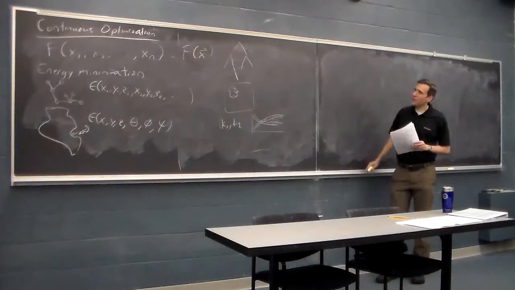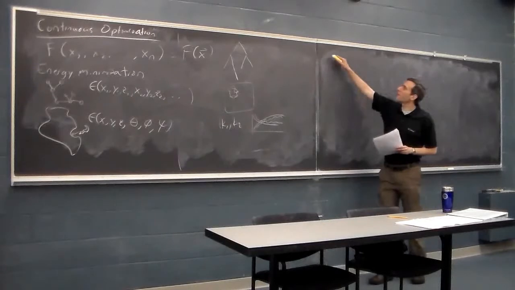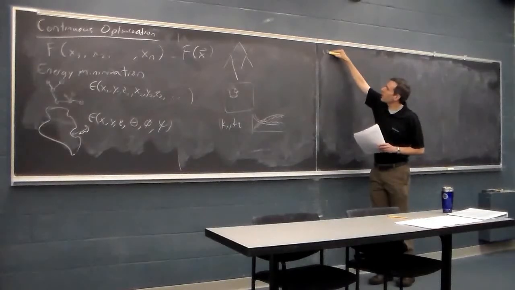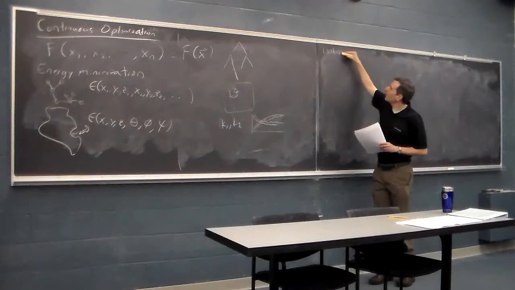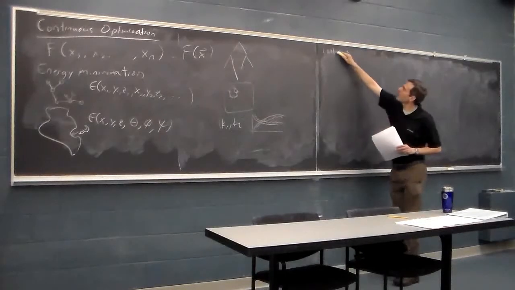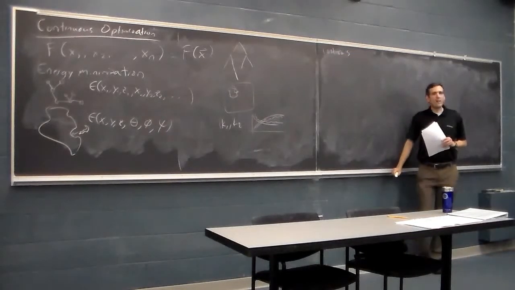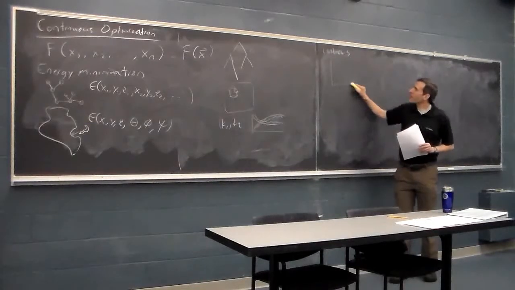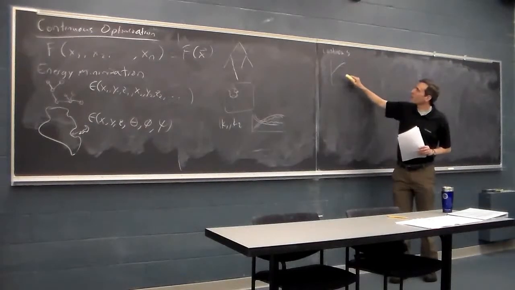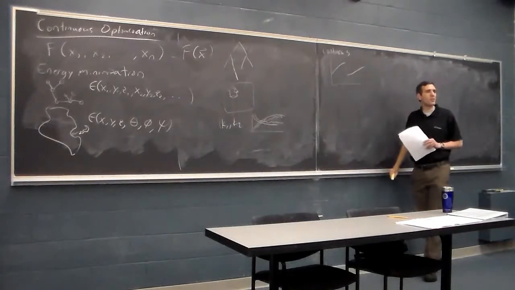So with continuous optimization, we'll often have a few basic assumptions we work with. One of these is that we're usually going to assume that we are working with a continuous function. So it's not generally going to be possible to optimize for a function, or at least optimize except over finite regions if you have discontinuities in the function.